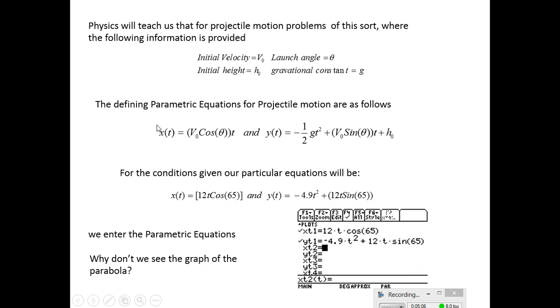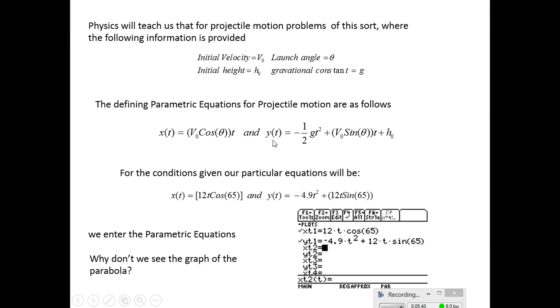Here are the defining parametric equations for all projectile motion. It's very straightforward. They don't vary; what varies is what goes into them. The position in x is simply the initial velocity times the cosine of the angle times t. That's it. Moving horizontally in x, there's no gravitational constant in there, so not to be worried about.